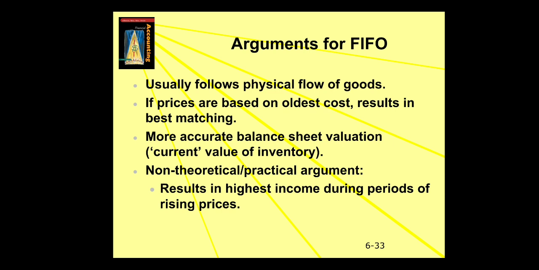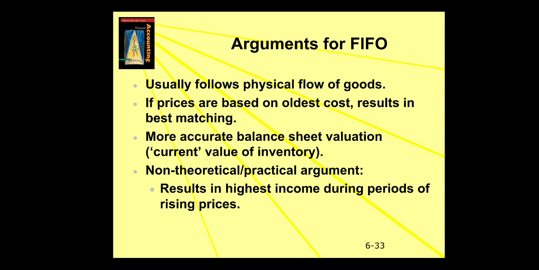Most of the time, people say that using FIFO gives a more accurate balance sheet valuation, which is the current value of inventory. But there is one thing about the FIFO method: it results in the highest income during a period of rising prices.